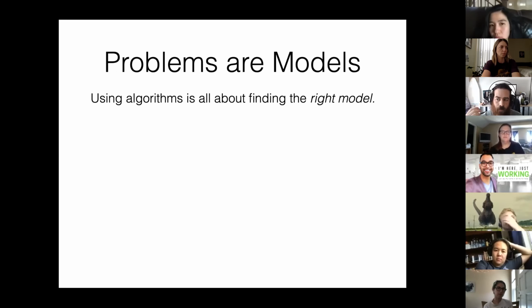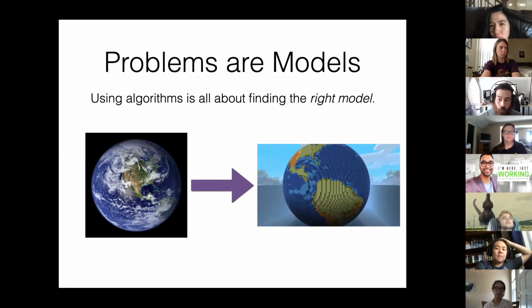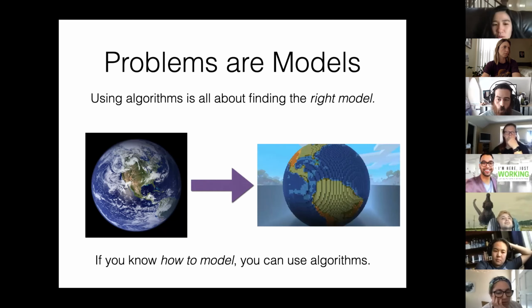It's all about finding the right model. You're taking a complex real-world situation and transforming it into a simplified representation that still reflects the key aspects of the problem and gets your work done. And if you know how to write down these models of the real world, you can use algorithms. You will know how to recognize the situations where algorithms are actually useful.